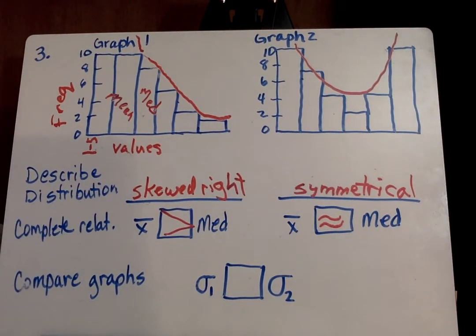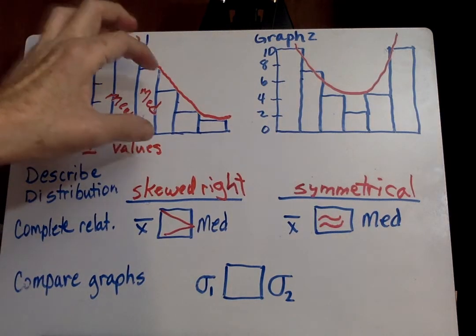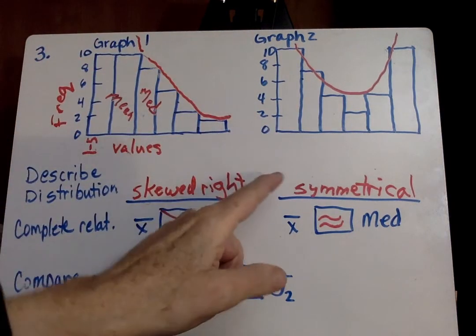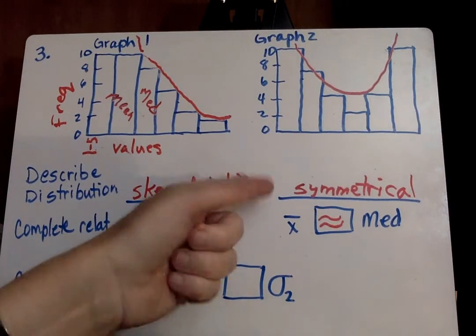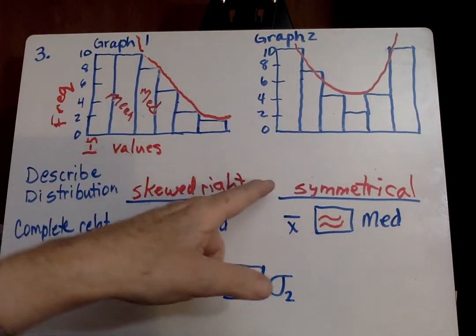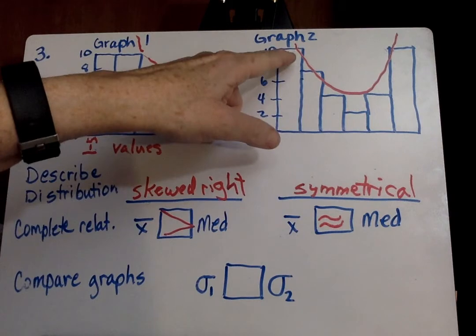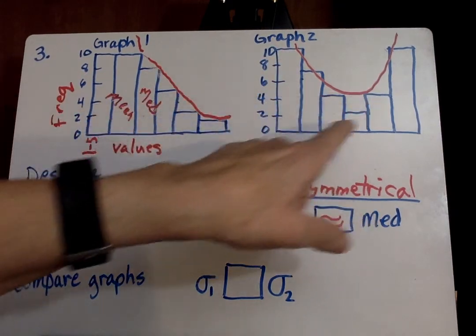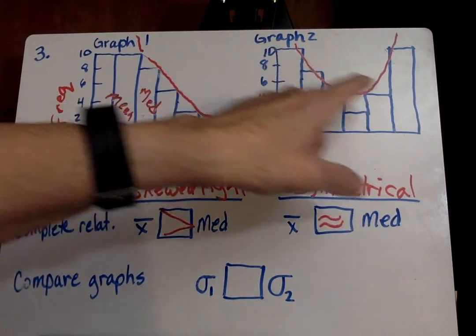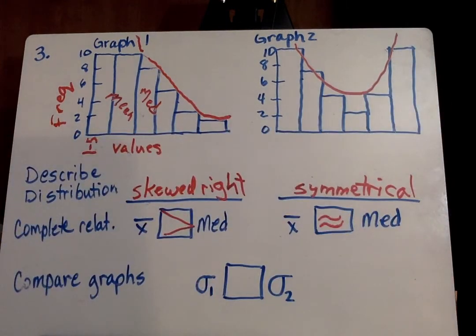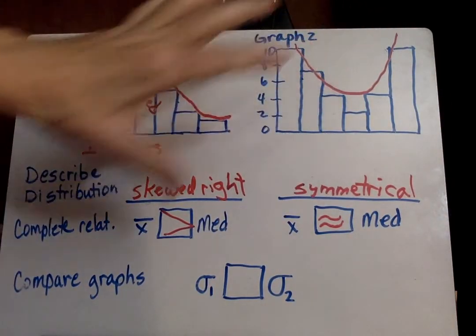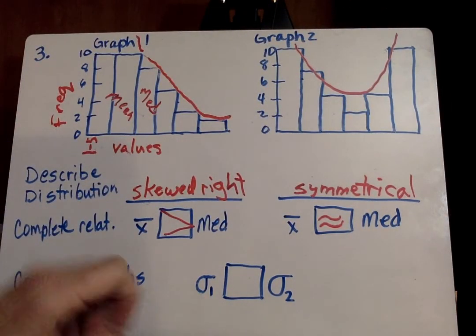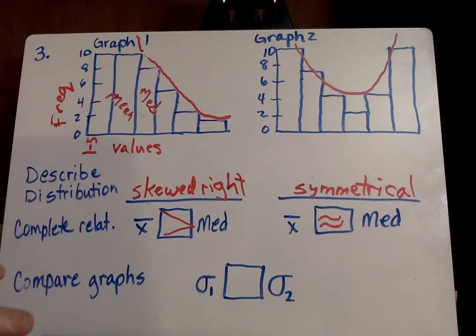Now we want to talk about comparing the graphs and how spread out the data is. Here we have data clumped together here. I think I said earlier, if it's symmetrical, they're clumped together, but not necessarily. If you look here, there's a bunch clumped at one end of the graph and a bunch clumped at the other end. So this standard deviation, again, is how spread out your data is.